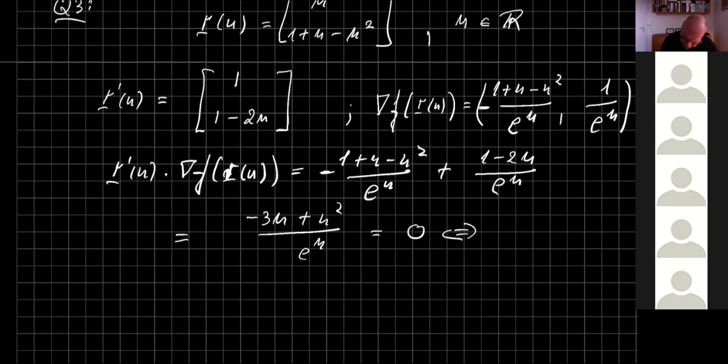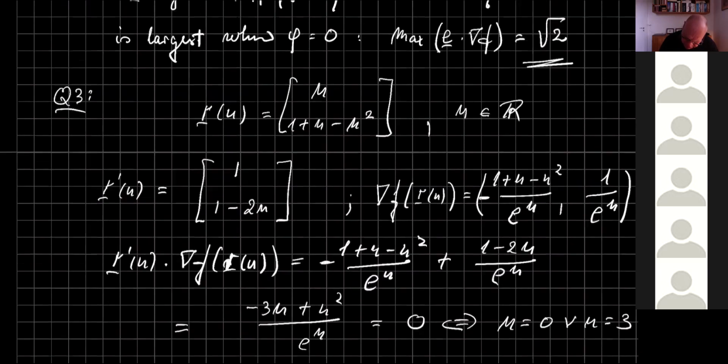This you can solve. e to the u is different from 0, so you can get rid of it by multiplying on both sides. Then you get that u is 0 or u is equal to 3. For these two values of u, the two vectors will be orthogonal. So what you have to do then is put these values into your parametric representation.